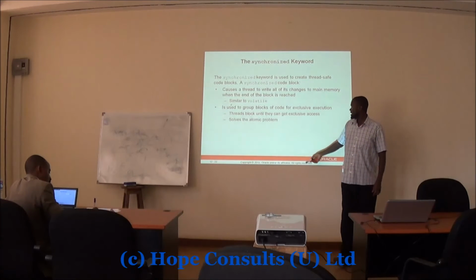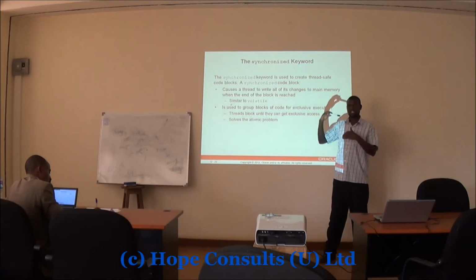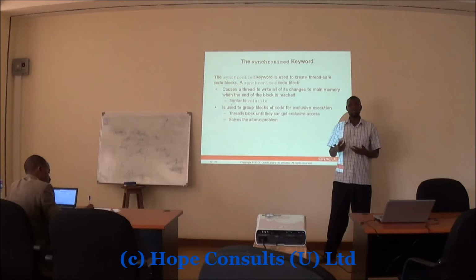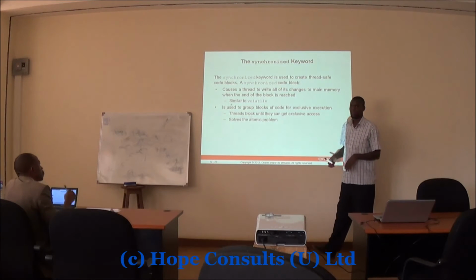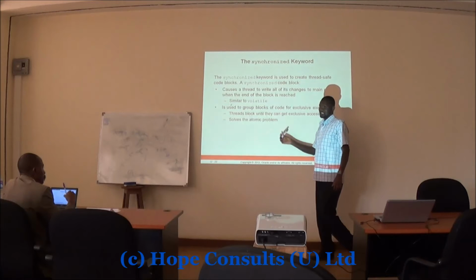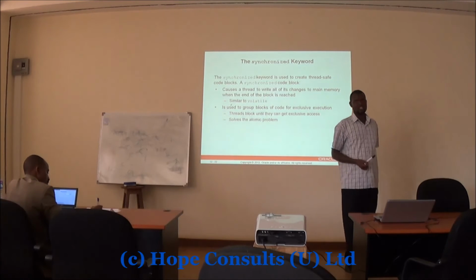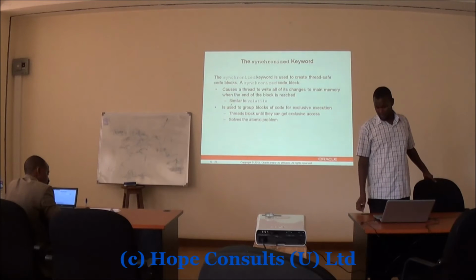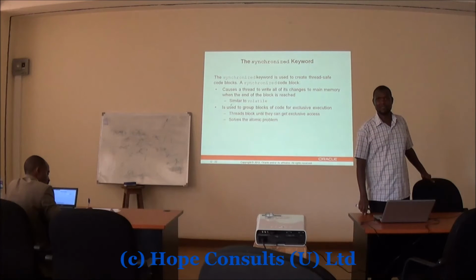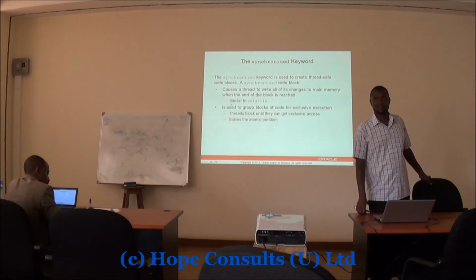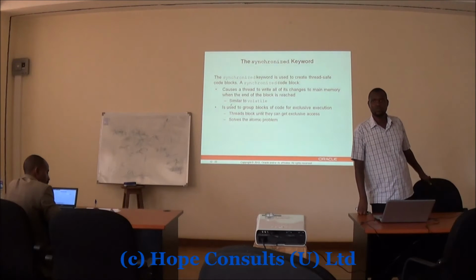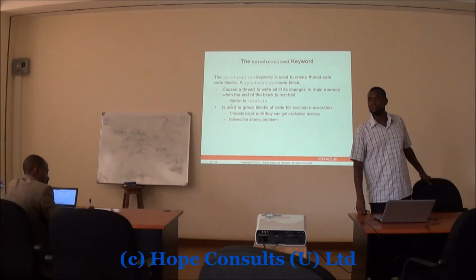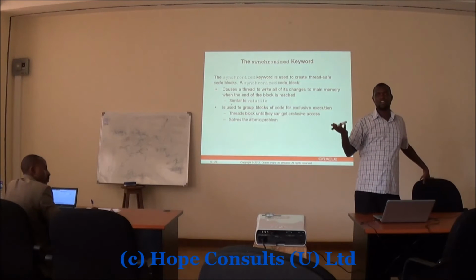Threads block until they get exclusive access to that section. Blocking means they wait until they get exclusive access to that section. Is there a situation where I can use the volatile value inside the synchronized block? You will not need to, because if you are inside the synchronized, you are already protected.